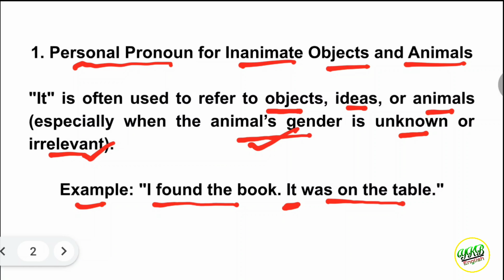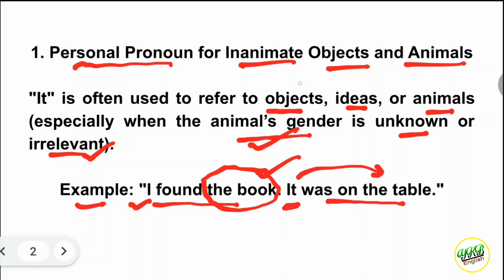So, in this sentence, I is a subject here, but we talk about the book. So book is an object here. So it was on the table. There is no gender or any special thing.